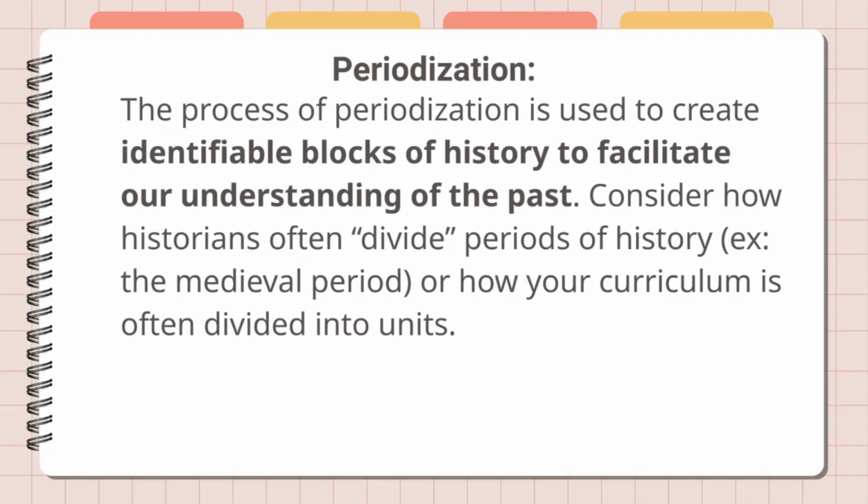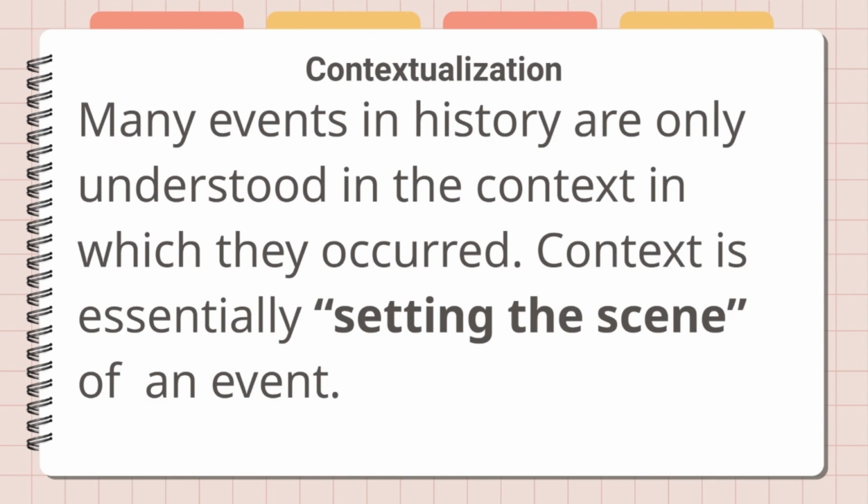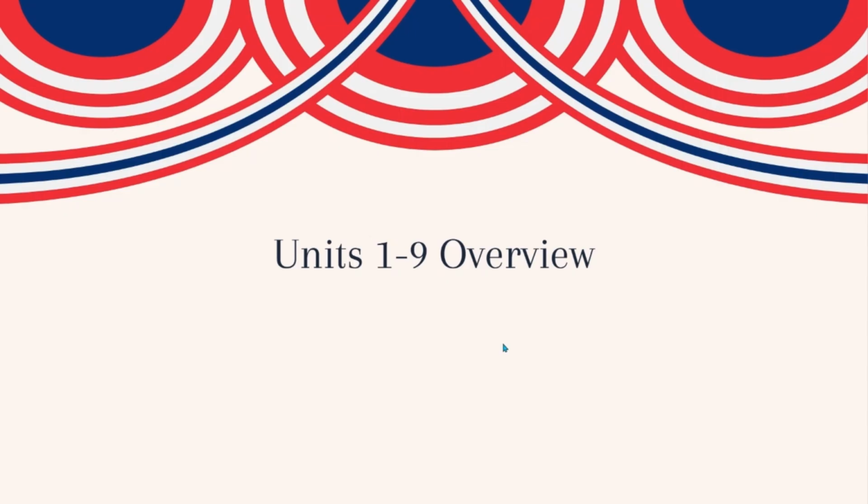In world history, you have different periods of American history, like colonialism and a new government being formed, the birth of a nation. Contextualization is setting the scene for these events. Okay, so just remembering that when we make a claim, we have to provide evidence for it.